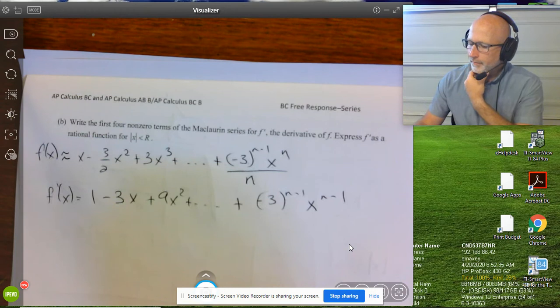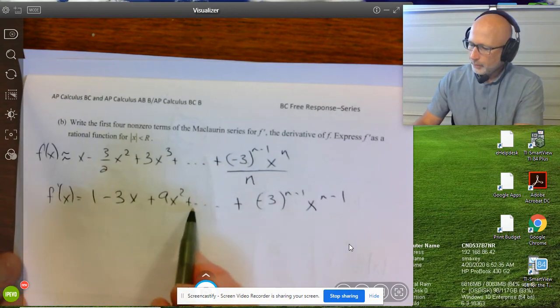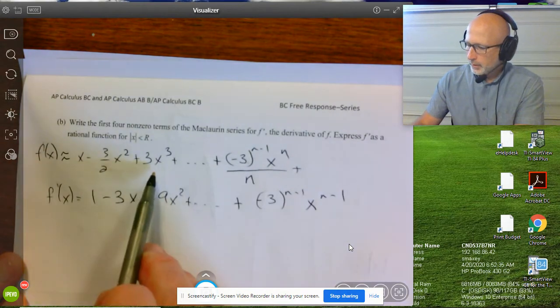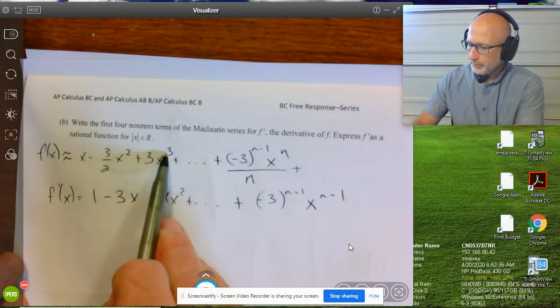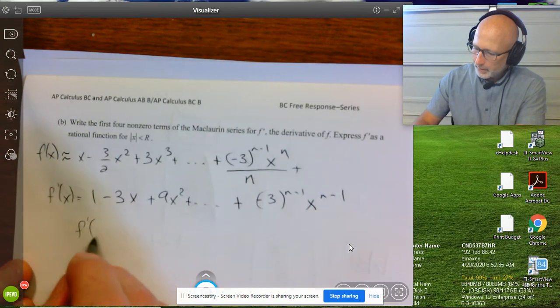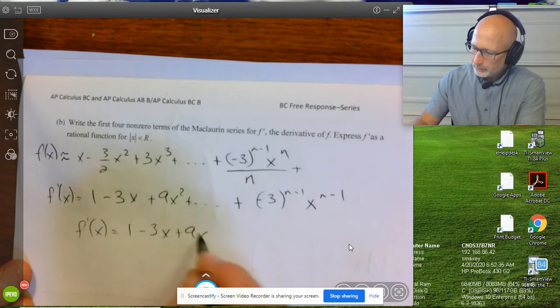It said I need to write the first 4 non-zero terms, so I need one more in here. How do I get that one more? Well, you have a general term equation. This is x to the n, which is 3, but I need the next one, so 4. So the next one, f prime of x is equal to 1 minus 3x plus 9x squared.